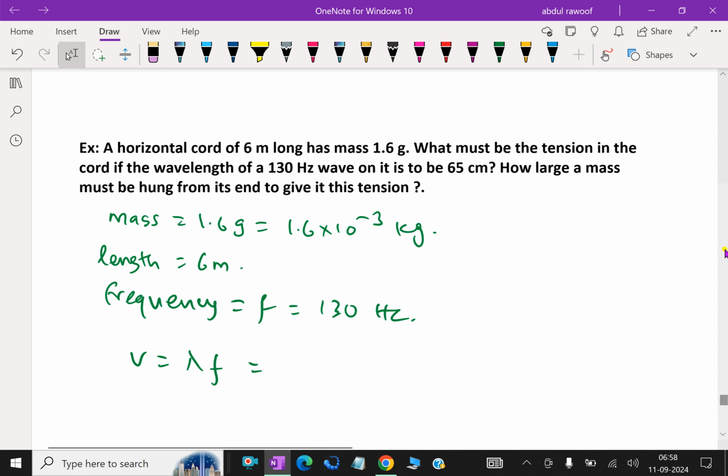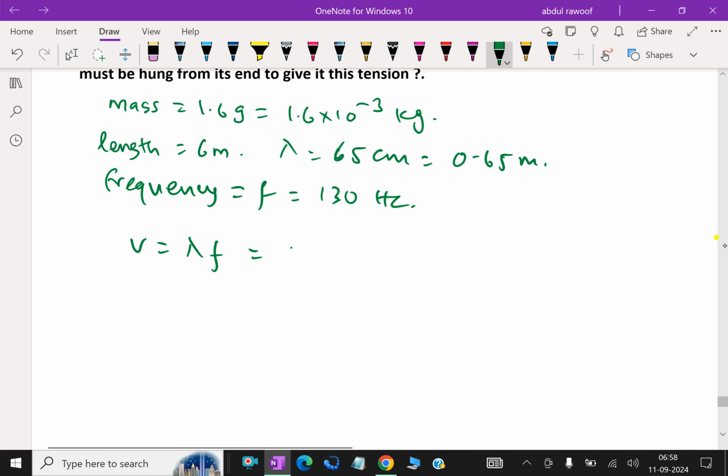Wavelength lambda equal to 65 centimeter, which is equal 0.65 meter. So v is equal 0.65 into 130 hertz frequency, which is equal 84.5.